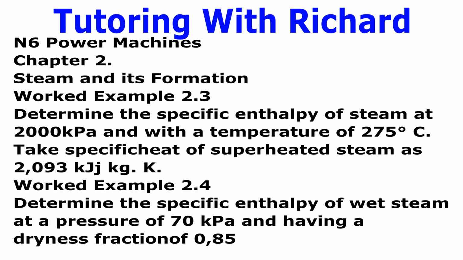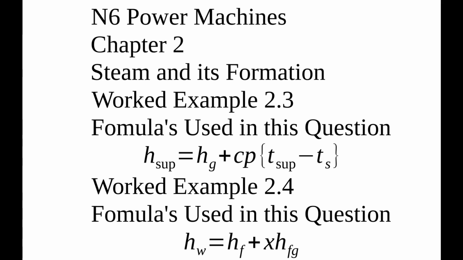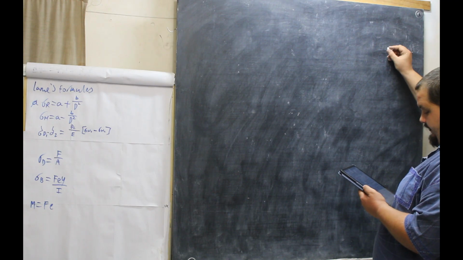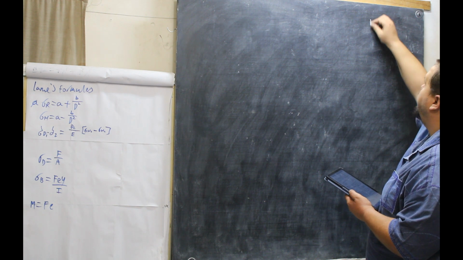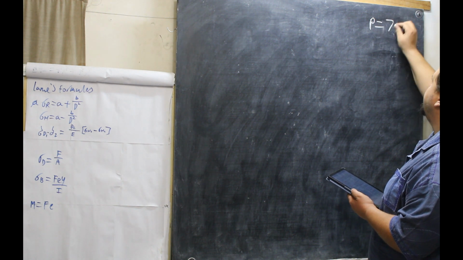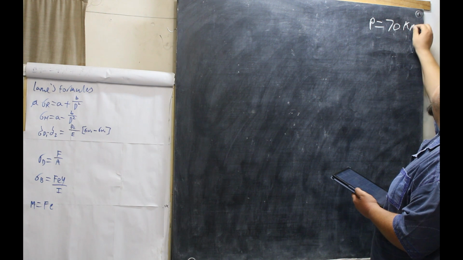Question 2.4 states, determine the specific enthalpy of wet steam at the pressure of 70 kilopascals, having a dryness fraction of 0,85. So, let's see what we need. We have our pressure at 70 kPa.